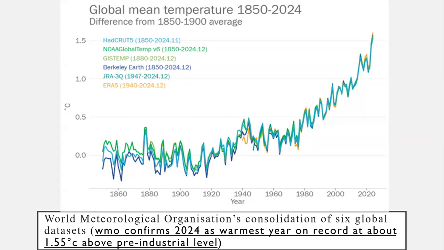This makes the year 2024 the first full calendar year in history to temporarily breach the critical threshold of 1.5 degrees Celsius set by the Paris Agreement.